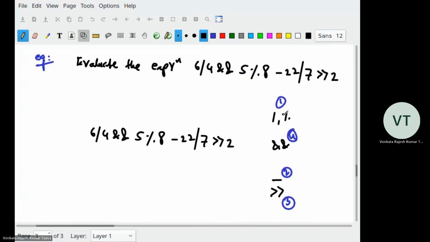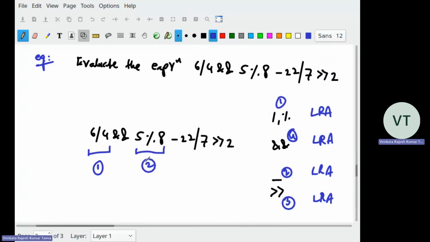Now within division and modulus, what is the associativity? Left to right. Others are anyway single, and even if more than one instance of other operators come, their associativity is left to right. Now, first we need to perform which operation here? Division and modulus. Within division and modulus, which operator is coming first? This division. So first we perform this, and then modulus is coming.